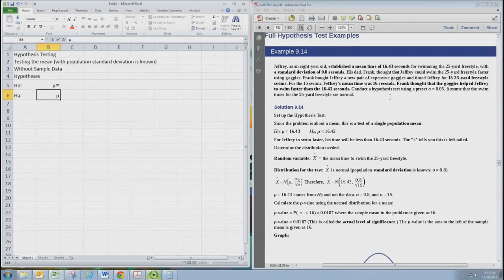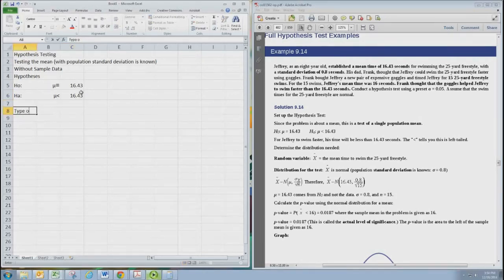So the claim is that mu, which represents the population mean of Jeffrey swimming with the goggles, is going to be less than, he's swimming faster, the time is less than his previous average time of 16.43. So that creates that alternative hypothesis. And then we use the same number in the null hypothesis, and we now have a set of hypotheses.